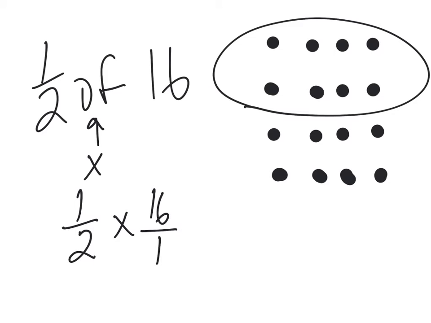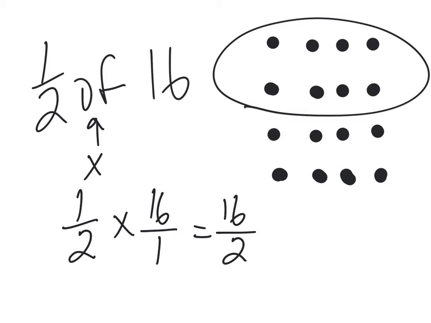If we do this problem now and multiply these two fractions, multiplying fractions is really simple. You just multiply your numerators and you multiply your denominators. Multiplying your numerators, you get 16, because 16 times 1 is 16. Multiplying your denominators, you get 2, because 2 times 1 is 2.